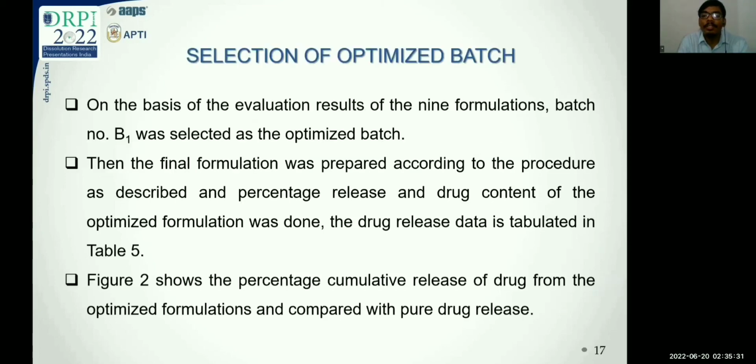Selection of optimized batch. The optimized batch was selected on the basis of all evaluation parameters, and from all the 9 formulations, batch B1 is selected as the optimized batch. Then the final formulation was prepared according to the procedure described, and the percentage release and drug content of the optimized formulation were determined and compared with that of pure drug, as shown in the table.